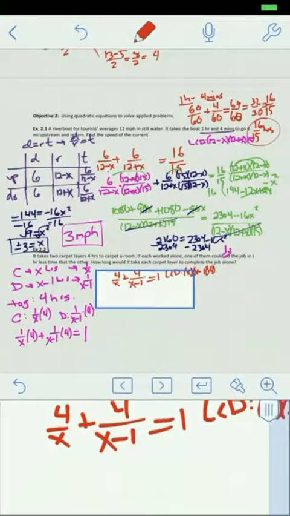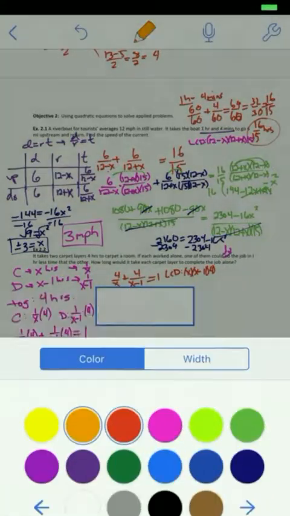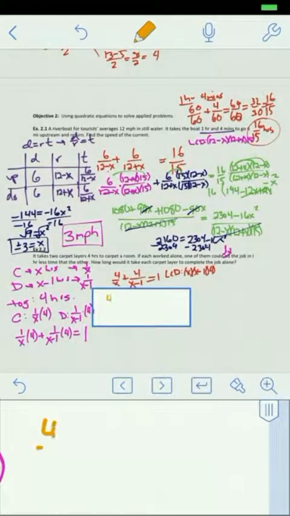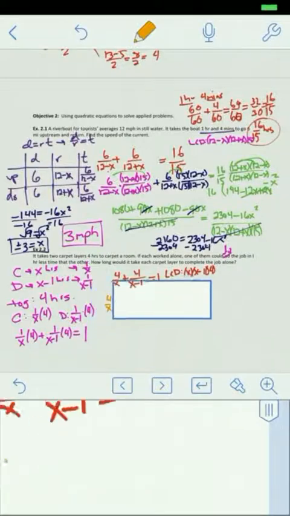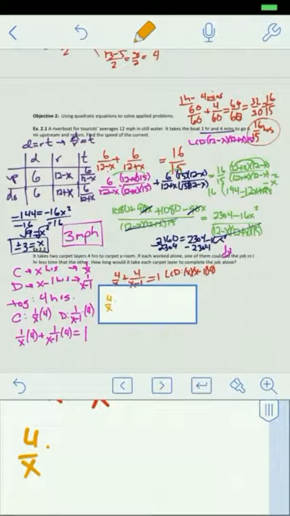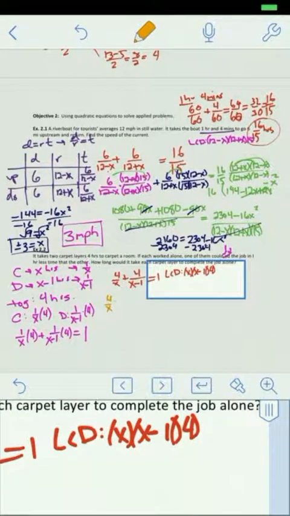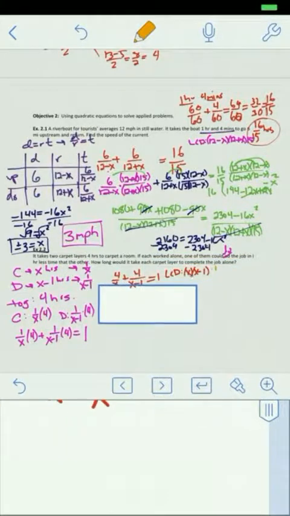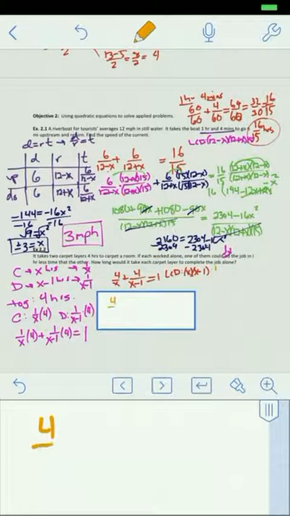Let's use that LCD to make all the denominators go away. For 4 over X, what's missing is the X minus 1. There's no 4 missing, since 4 is in the numerator, so it's just times 1, and I can leave it off. For 4 over X, the part that's missing is the X minus 1 over the X minus 1.